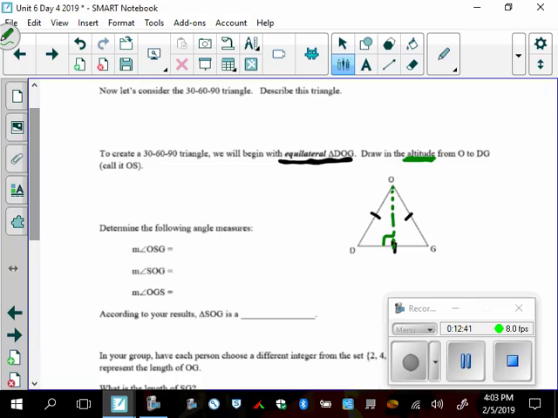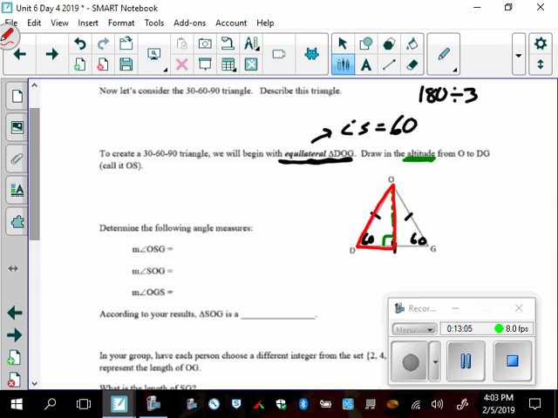Okay, and we need to know a couple things about an equilateral triangle. If it's an equilateral triangle, we should know all the angles. I've heard that if the sides are the same, the angles are the same. So if I have 180 degrees with 3 angles, each angle is 60. Okay, and then next you could look at this triangle right here.